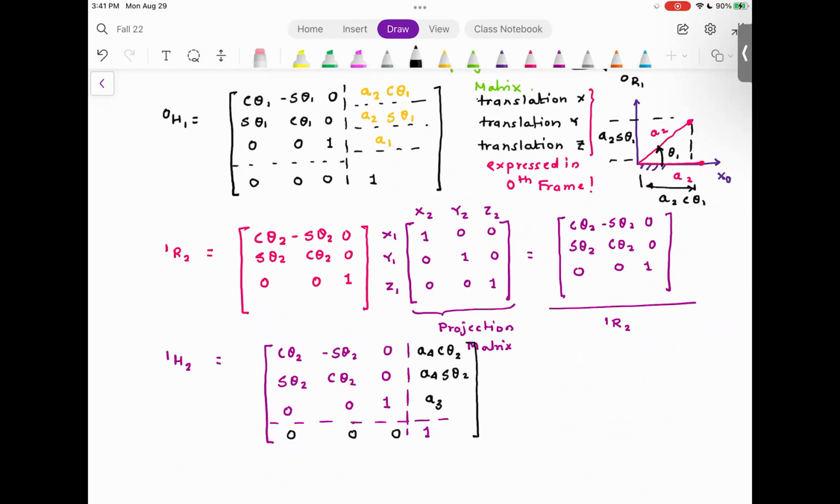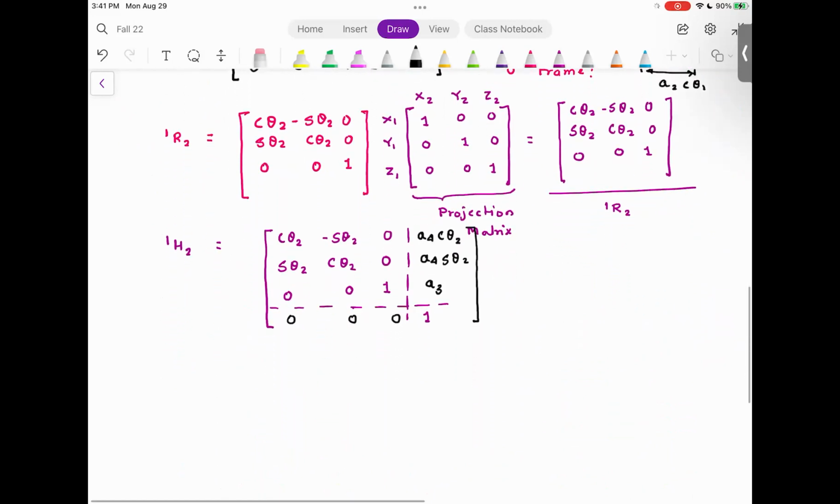And now here comes the last part, wherein to find out 0H2, I multiply 0H1 by 1H2. This is the multiplication of 4 by 4 matrices.